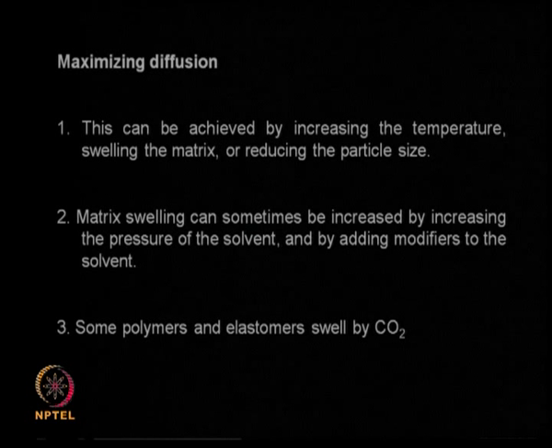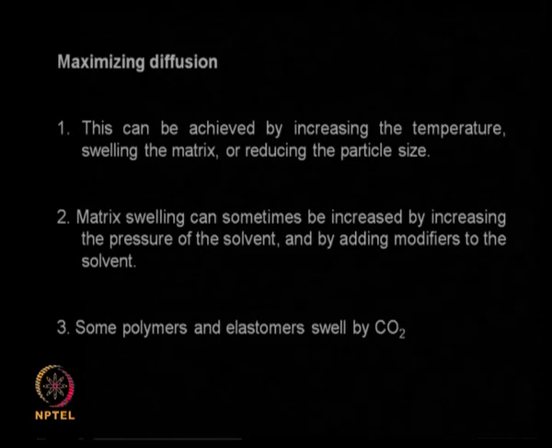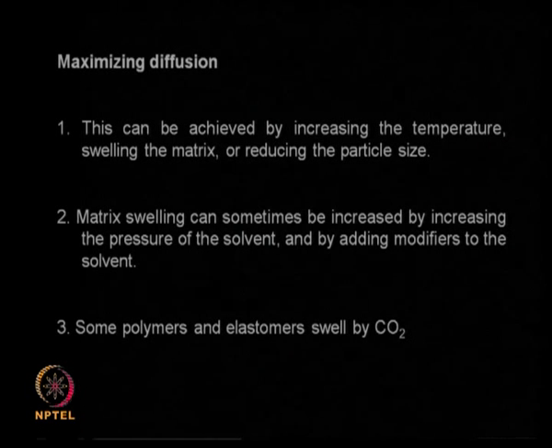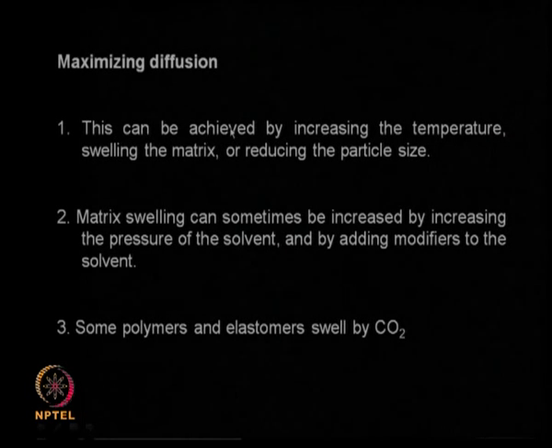If you are talking about optimization, we need to also consider improving the diffusion. So this can be achieved by increasing the temperature, assuming that the chemicals that are getting extracted do not get degraded at higher temperature. Swelling the matrix, so if you have a solid plant material or if you have a solid food product, by swelling it you can allow the supercritical fluid to enter through the interstices, small pores and so on.